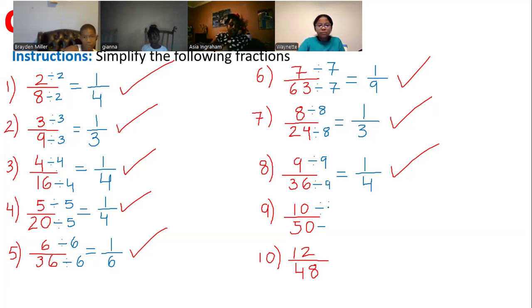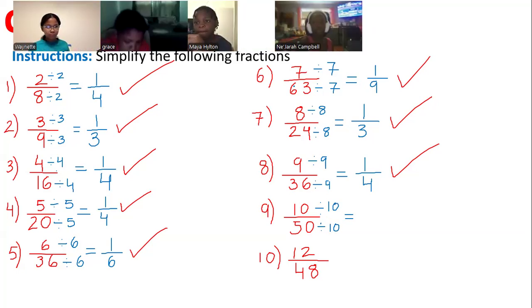All right. And 10 divided by 10 is what? Anyone can answer. 1. Very good.